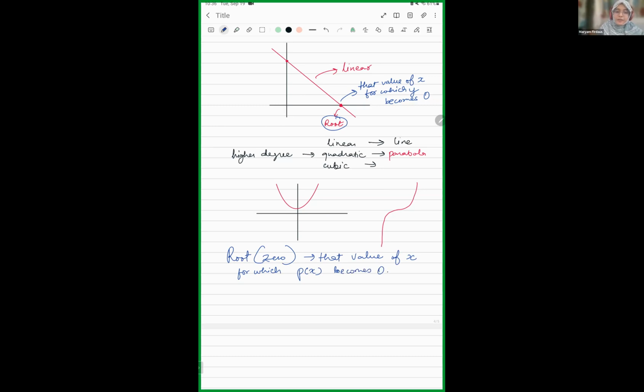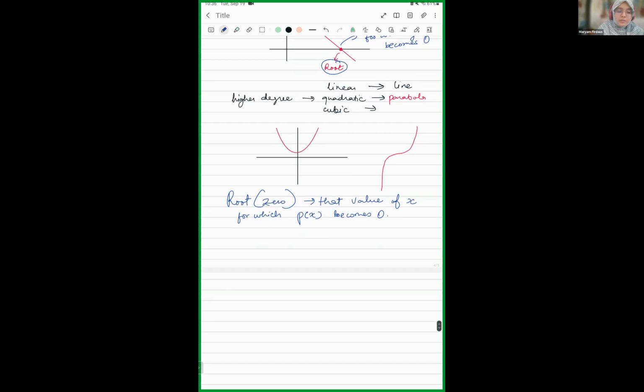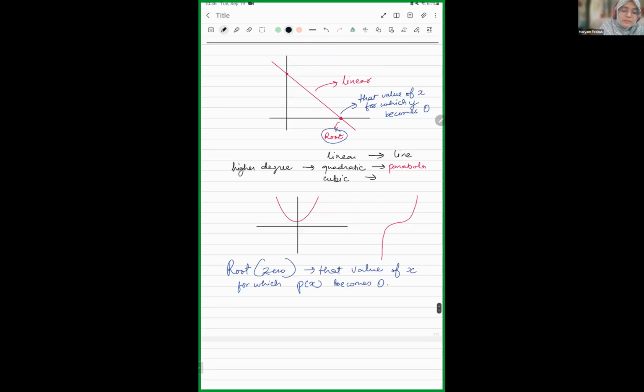Very similar to what we did in the previous chapter. That value of x for which p of x becomes 0. So let's see what it means to get the zero of this polynomial. Did you get the statement of this? Okay, did you get this one? Yeah, I got that one.